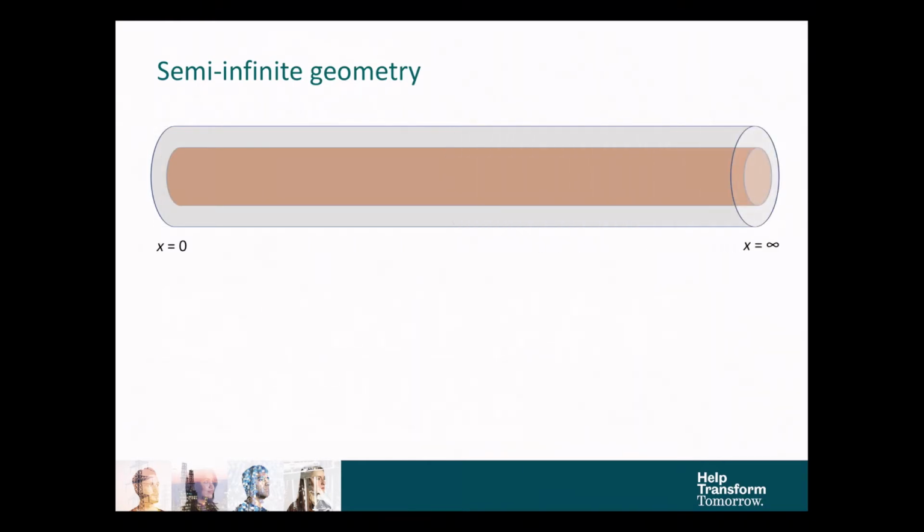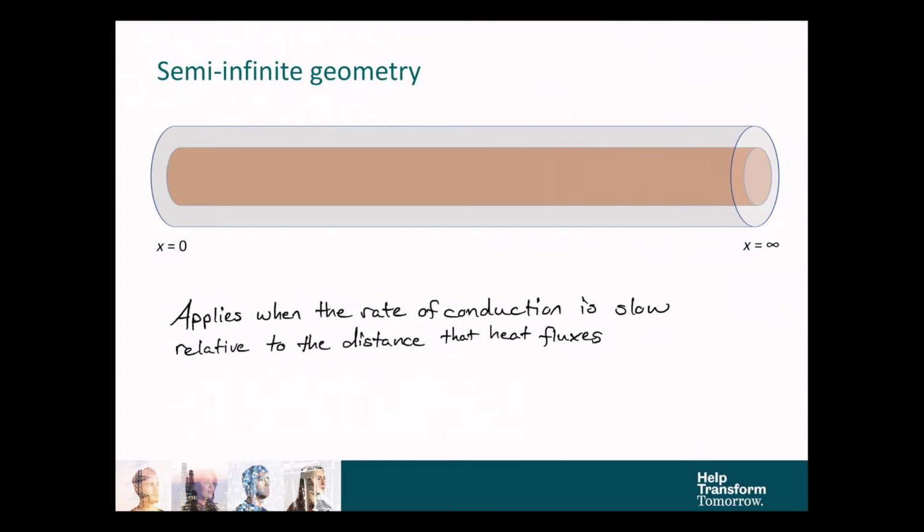We don't see many infinite rods in real life, but what this actually corresponds to is a situation when the rate of conduction is so slow relative to the length of material in which heat is fluxing that for all apparent terms, the geometry appears semi-infinite. And this is something that would be true of a good thermal insulator.